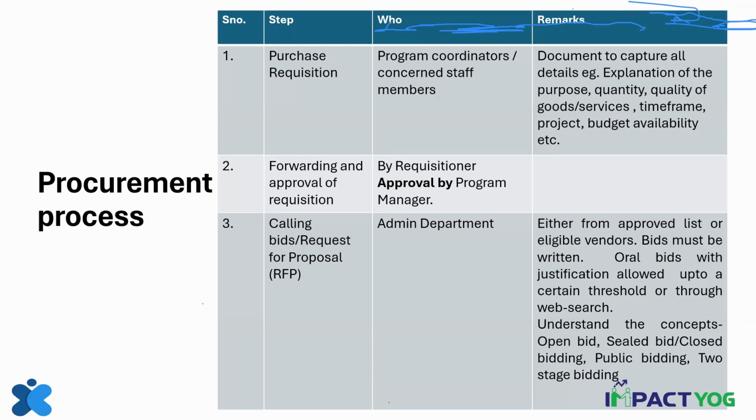Now, the admin person will do it either from vendors which are in the vendor database. Okay. Bids generally have to come in writing. Oral bids might also come based on smaller quantities. Okay. Through web search or that way. Sometimes you might have threshold where you just take oral quotations, and that is a procurement method without quotation.